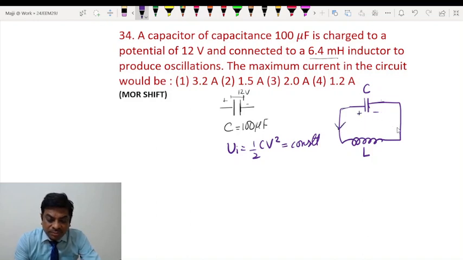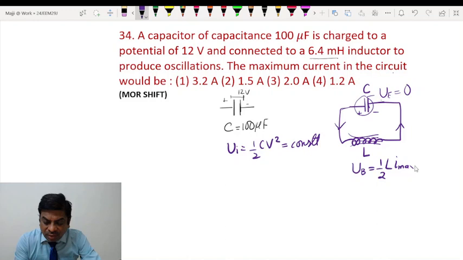Now if we want to know the maximum current, then at that instant the electrostatic potential energy in the capacitor must be zero and the complete energy should be in the form of magnetostatic potential energy in the inductor, that is half L I max square, where current is maximum at that instant.